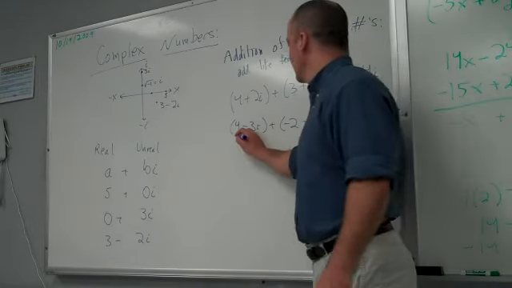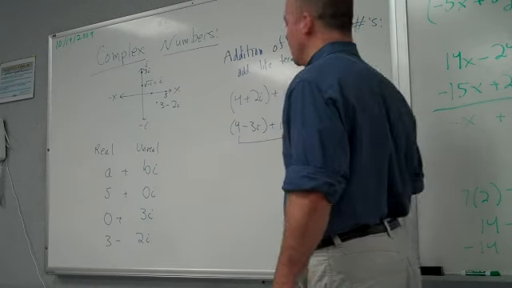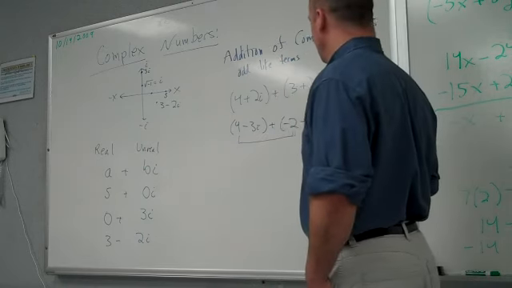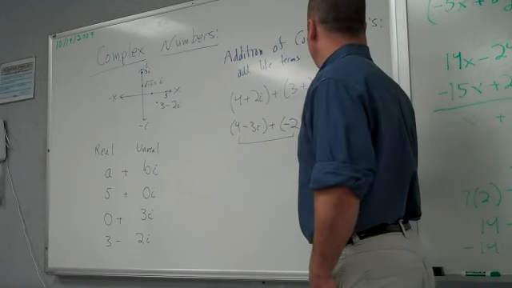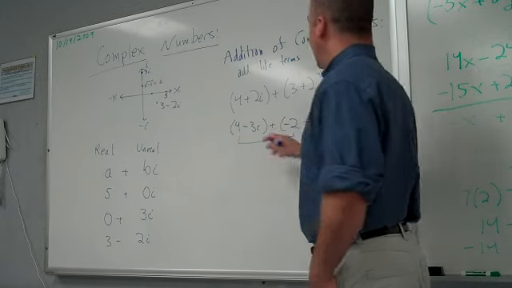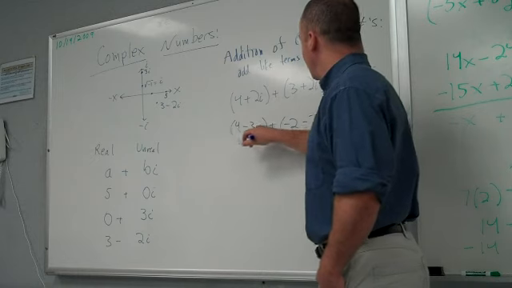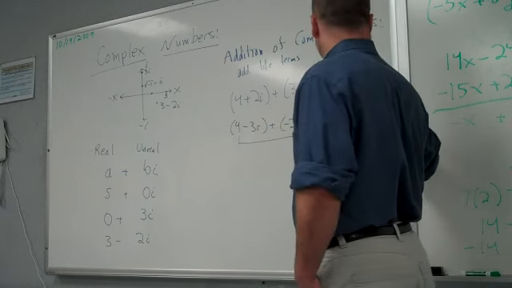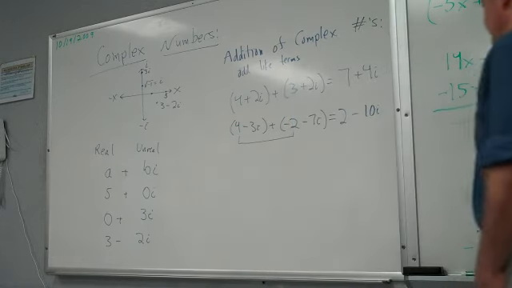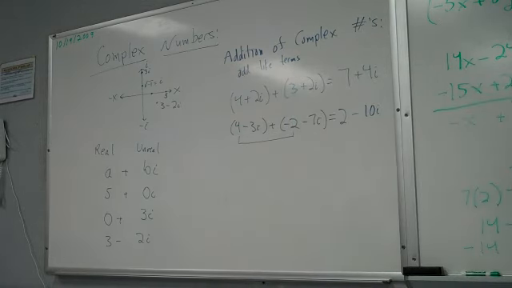So what's 4 plus negative 2 give me? 4 plus negative 2 is 2. And what's minus 3i plus negative 7i? Negative 10i in stereo from Saul and Sam. So that's 2 minus 10i. Any issues with addition of complex numbers?